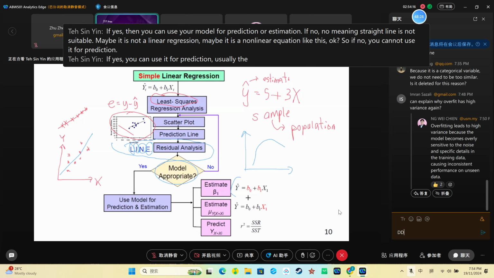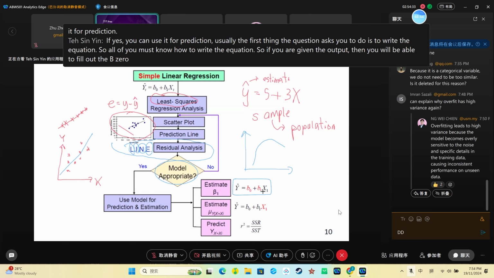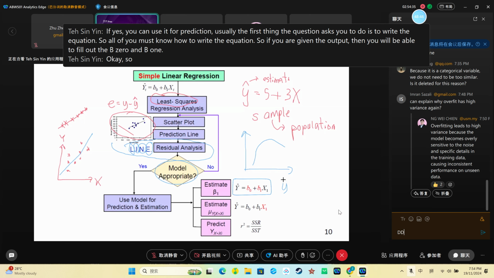Usually the first thing the question asks you to do is to write the equation. So all of you must know how to write the equation. If you are given the output, you will be able to fill out the B0 and B1. For example, y cap equals 3 plus 8x.